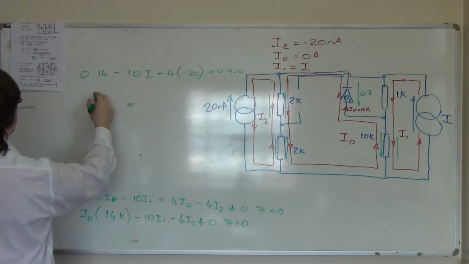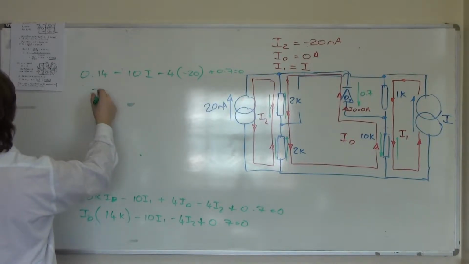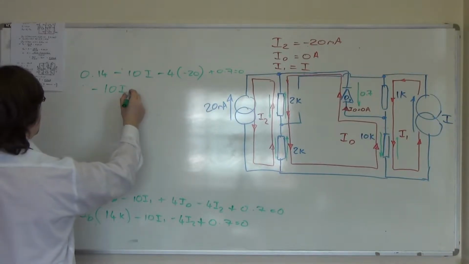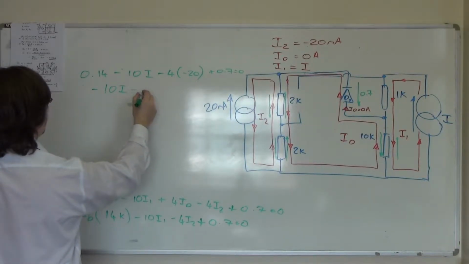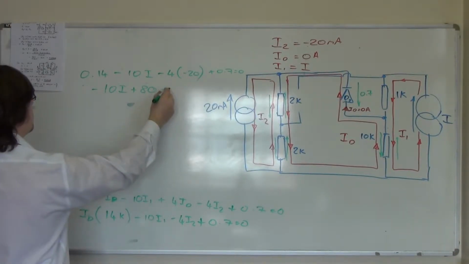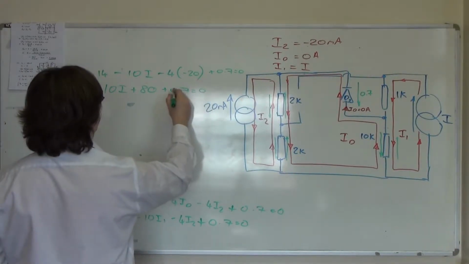That falls to 0, and we've got minus 10I minus 80 plus 80, minus and minus, plus 0.7 equals 0.